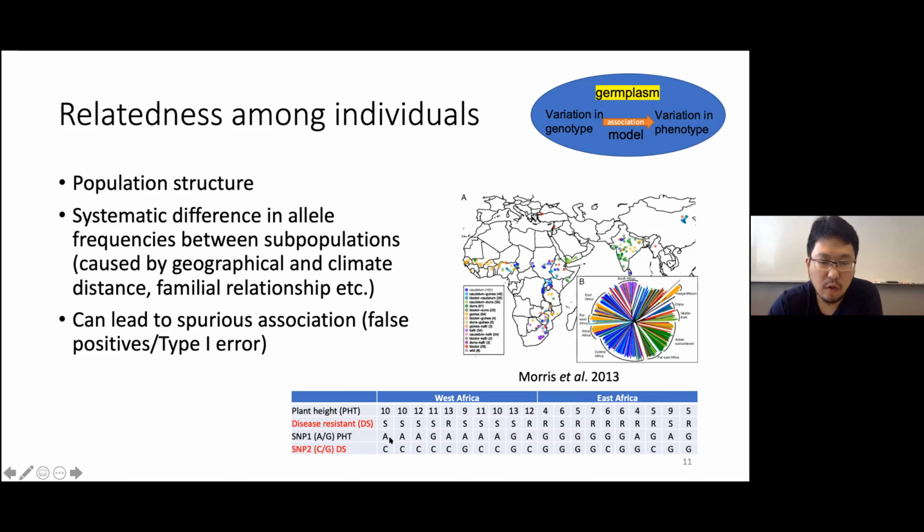You would go through all the markers and see if the marker is associated with plant height. You will find both of the SNPs are associated with plant height. But in reality, only SNP1 is underlying this trait. SNP2 is actually underlying the disease resistance. And this is how population structure could lead to false positives, or type 1 error.